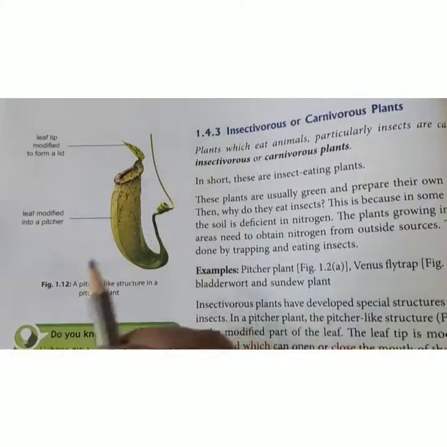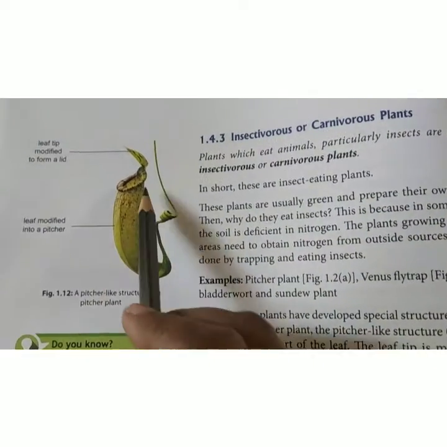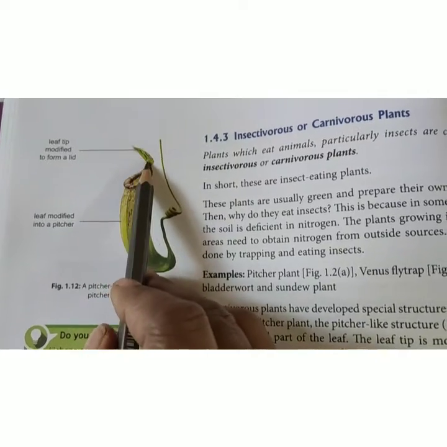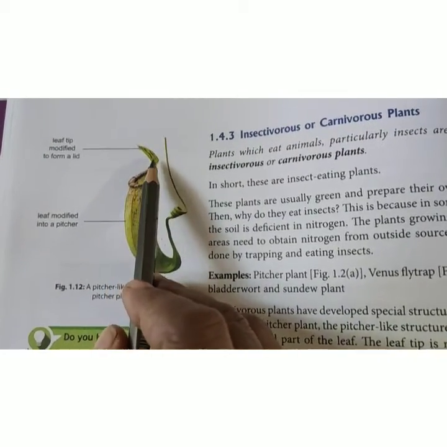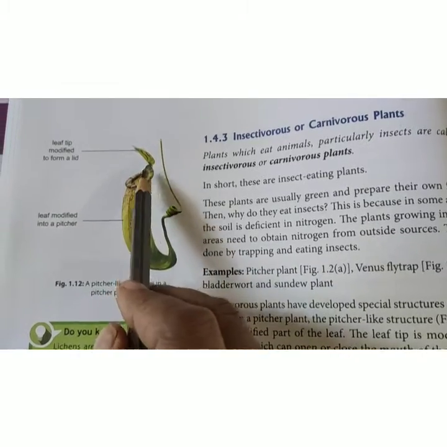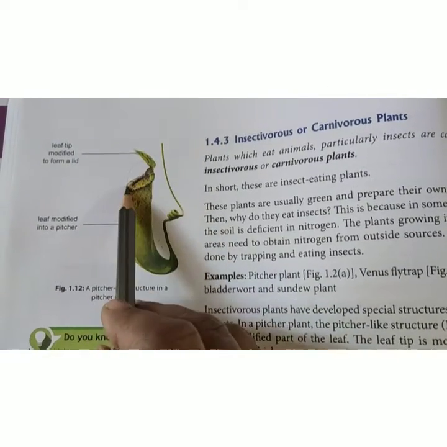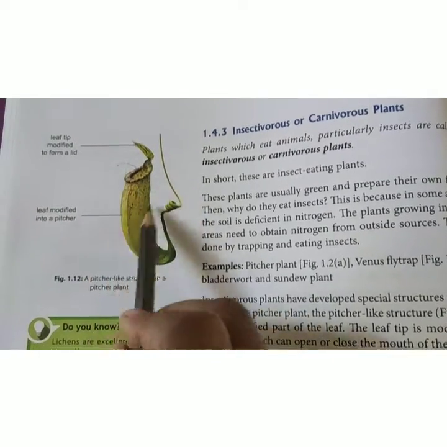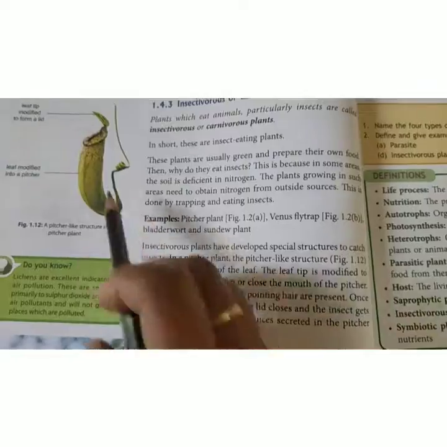Jug is also a pitcher, or ghada, which we say in Hindi. And this part, this lid, is the tip of a leaf that has been modified. So when an insect comes and sits here, it falls inside and this closes off so that the insect cannot come up, and they digest it. This is the way how they take in food.